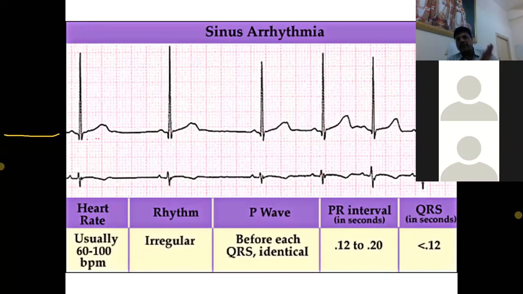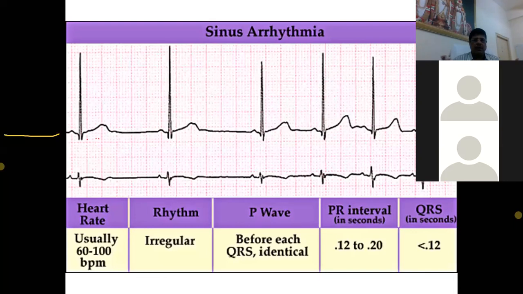Vagal tone is like a brake on the heart, is it not? What is the accelerator which will increase the heart rate? Sympathetic discharge, is it not? Sympathetic discharge is going to accelerate the heart rate, whereas parasympathetic discharge is going to decrease the heart rate, like a brake.